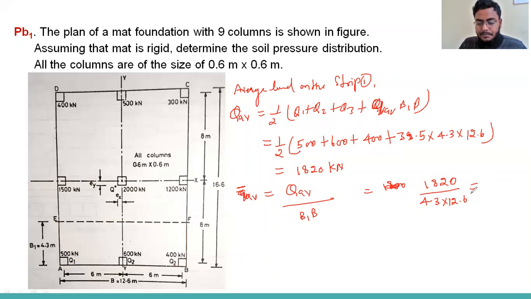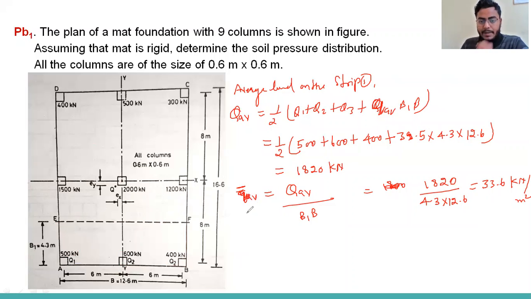We get 33.6 kilonewton per meter square. That is Q bar AV.